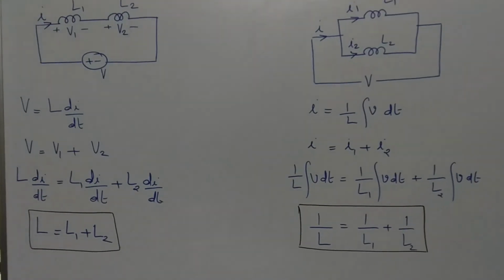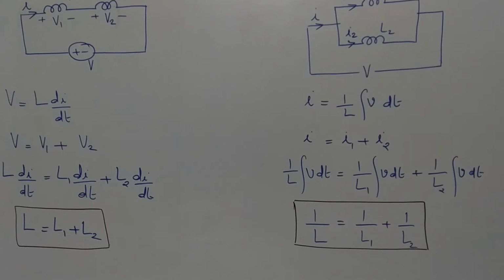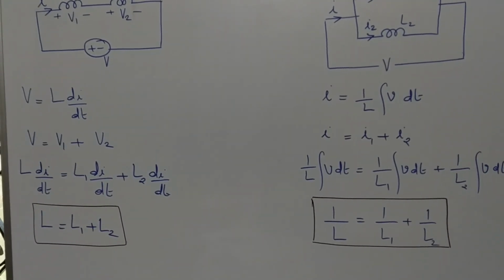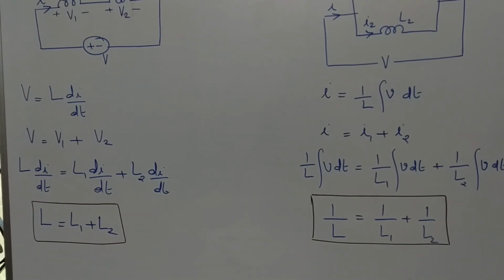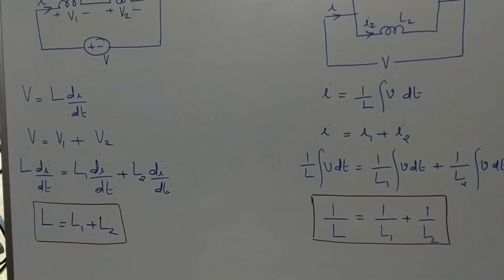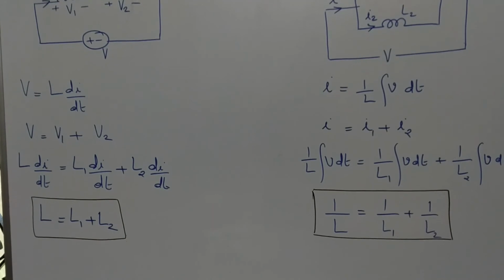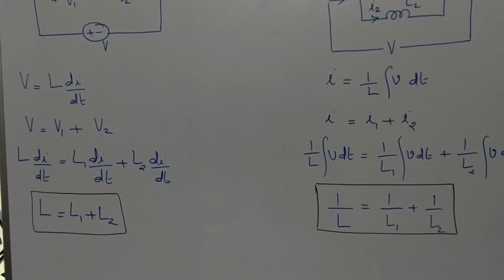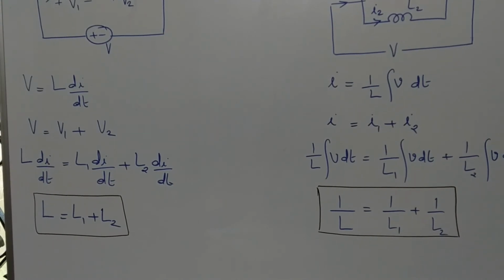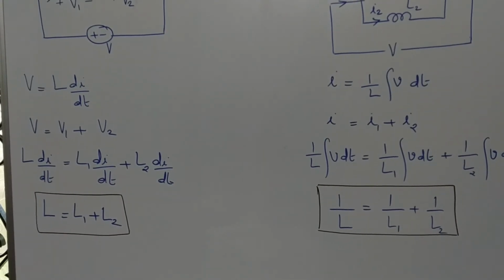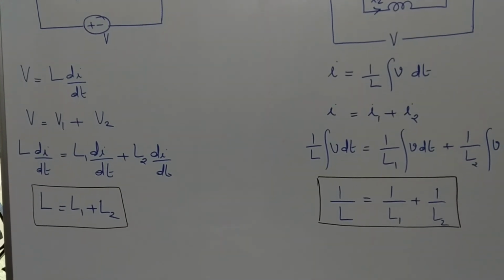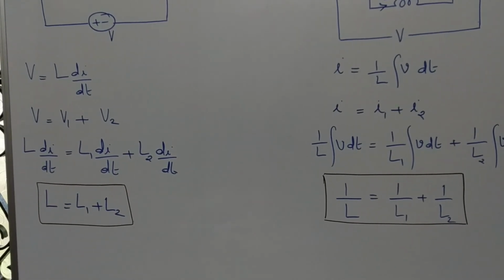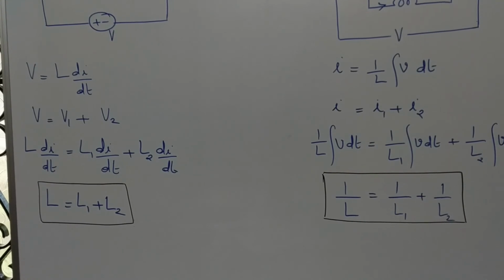It's a voltage divider circuit, so the total voltage can be written as L into di by dt, where this L is the effective inductance. Since it's a series combination, you can write V equal to V1 plus V2. V is L into di by dt. V1 is L1 into di by dt, and V2 is L2 into di by dt.